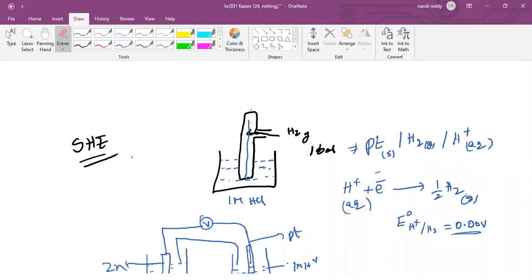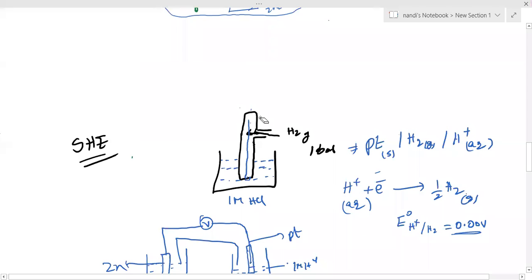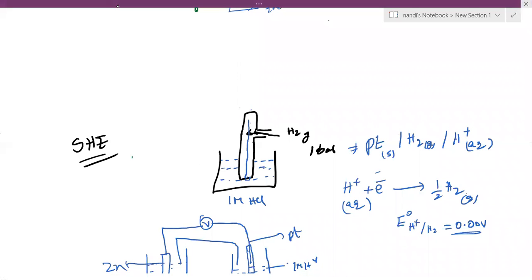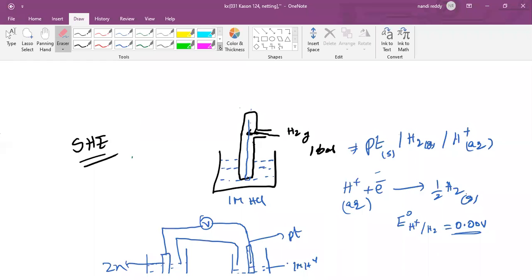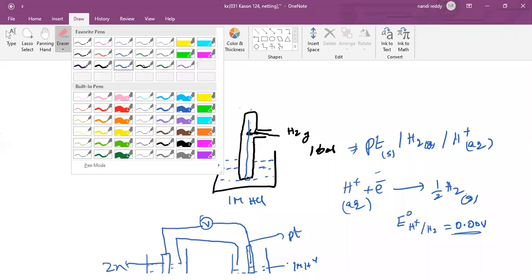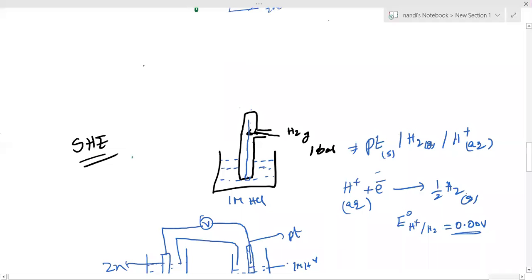There, H plus plus electrons gives H2, and that value they gave is 0. So is this reduction or oxidation? First you can find out reduction potential. This is reduction. What is the standard condition again? 1 M concentration, 298 Kelvin. You take standard conditions, taking 1 bar, concentration 1 M.